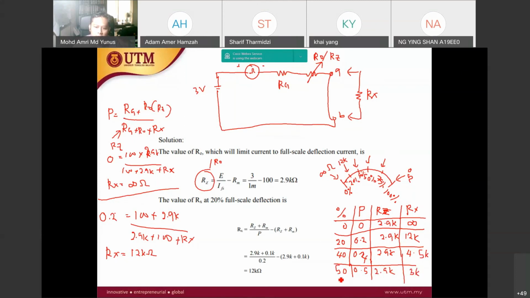As for 75%, 0.75, with 2.9K, this is supposed to be 1K, 1 kilo ohm.